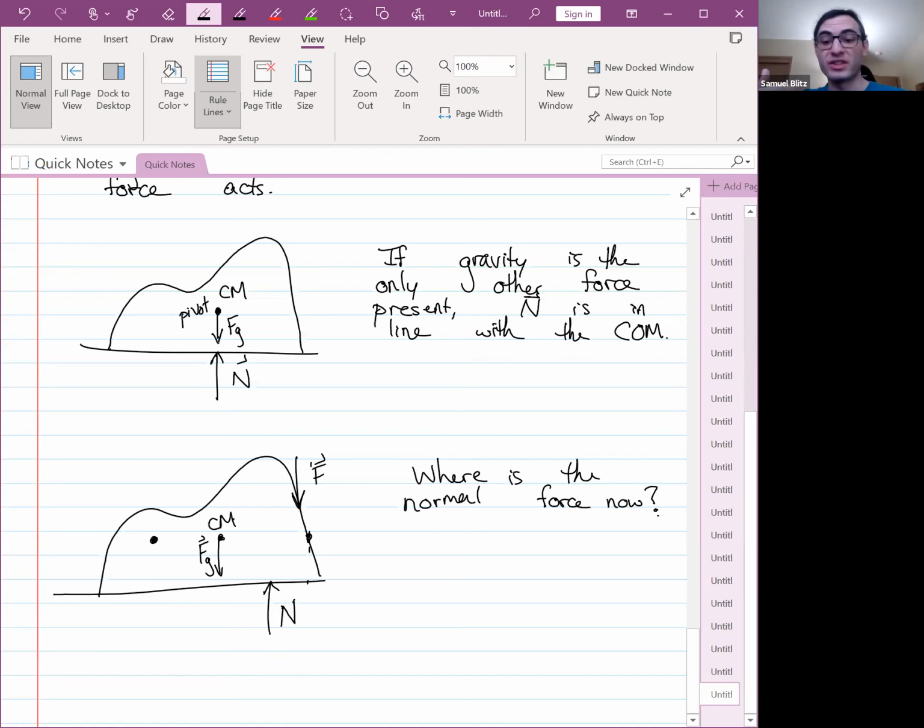It turns out that the normal force does have to be applied between where the two forces are applied in this case, and we can figure out where. So let's call this distance d1, and let's call this distance d2. We know that the object is in static equilibrium, so the net force and the net torque are zero.